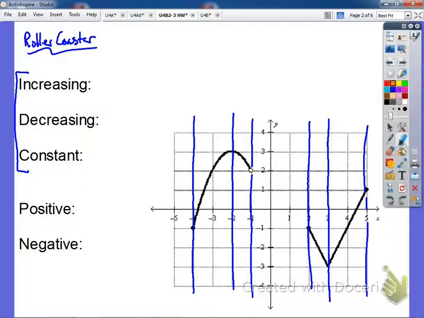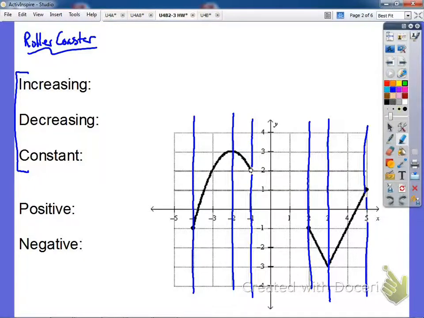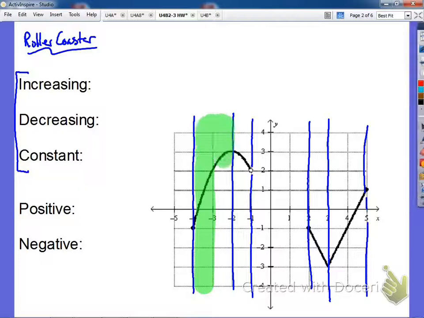Now, this graph, we can look at it and say, if this were a roller coaster and we were riding on the roller coaster from left to right, it's going up right here in this section. So this section right here, the graph is increasing.